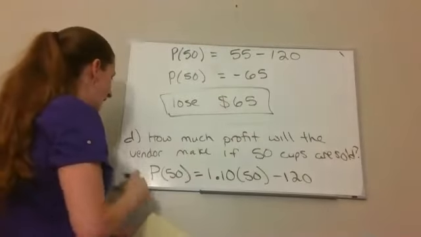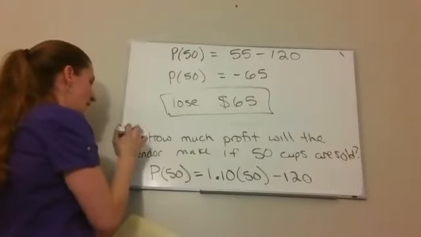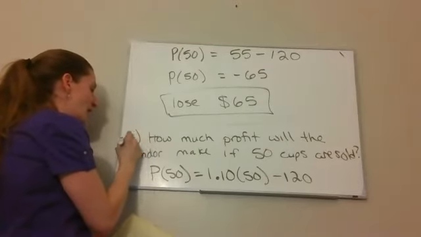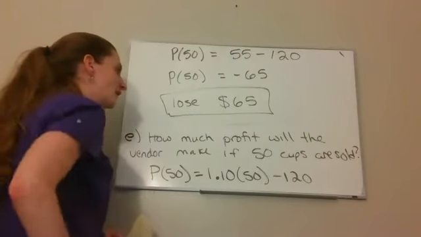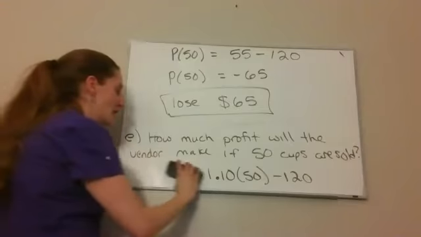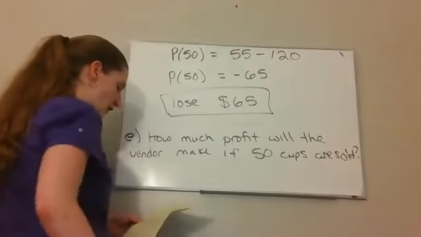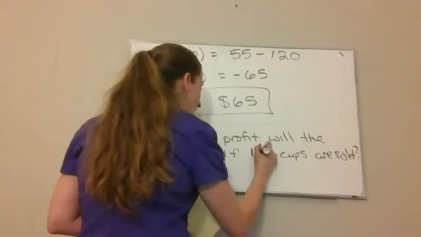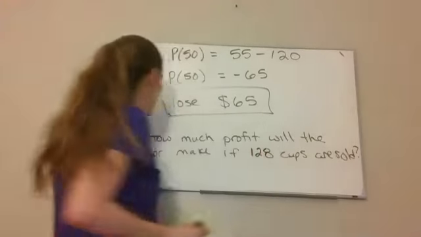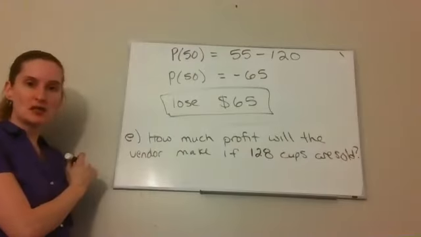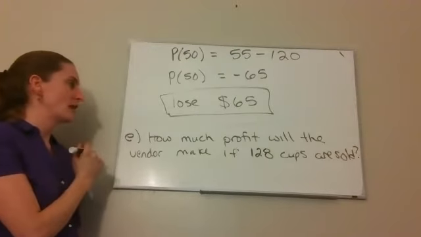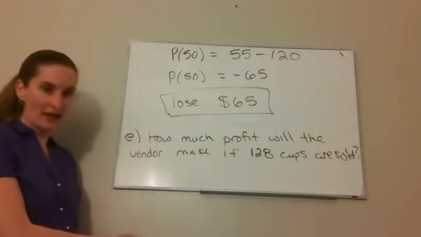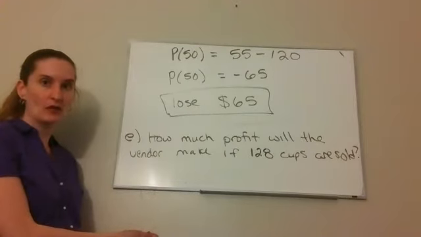Now, what if I do the same exact thing for part E, except instead of selling 50 cups, we're going to sell 128 cups. So part E, how much profit will the vendor make if 128 cups of this lemonade are sold?